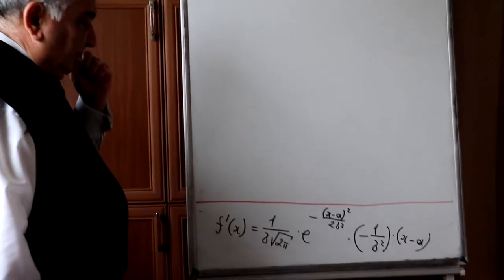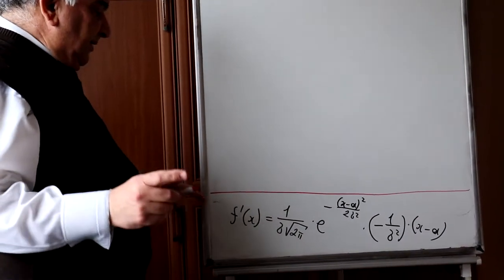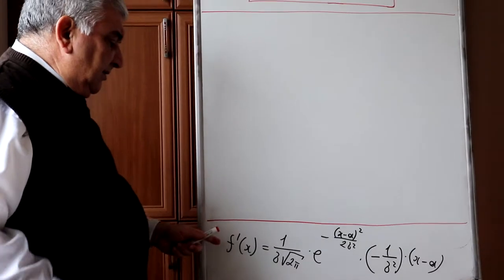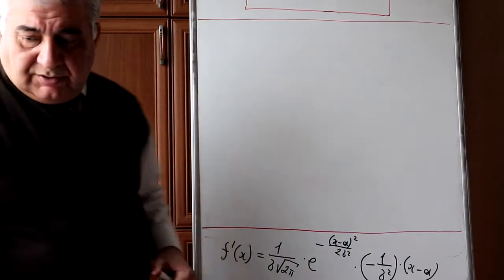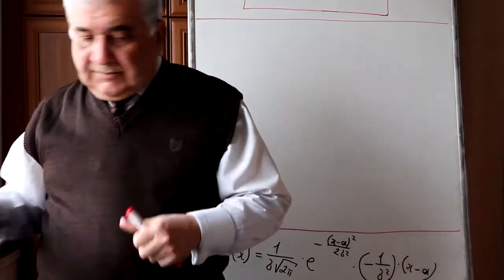Further, equalize the derivative to 0 and then find the critical points, possible critical points.